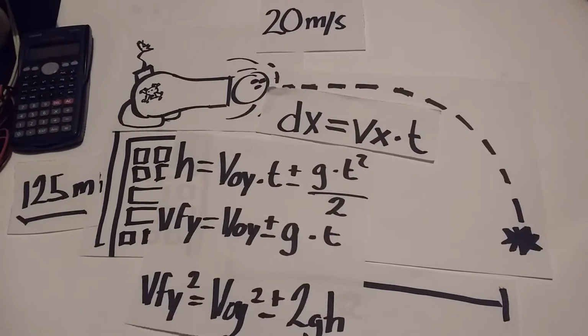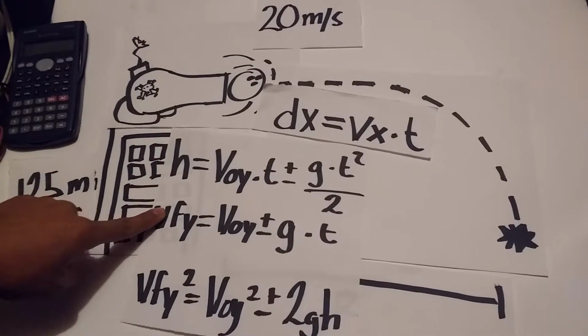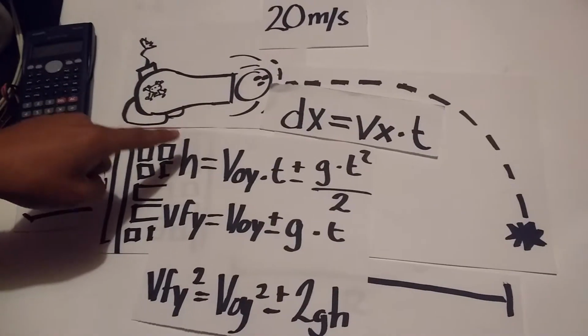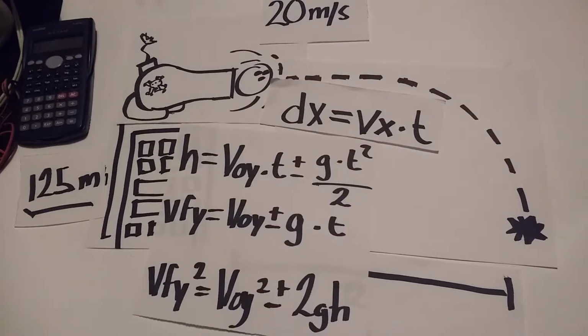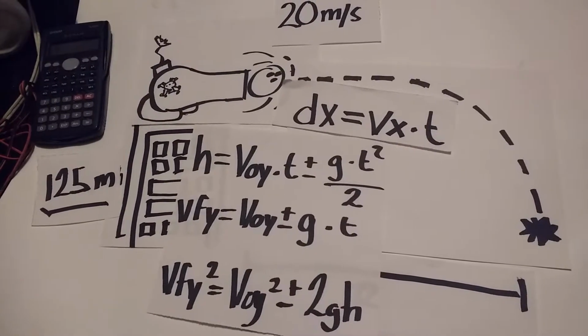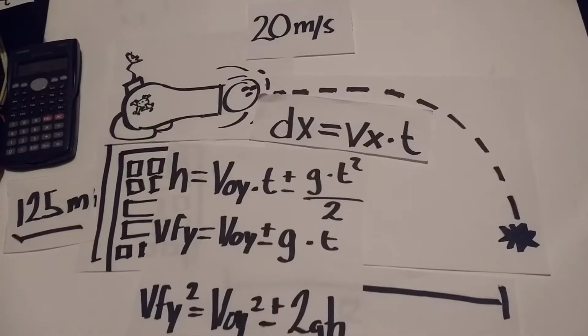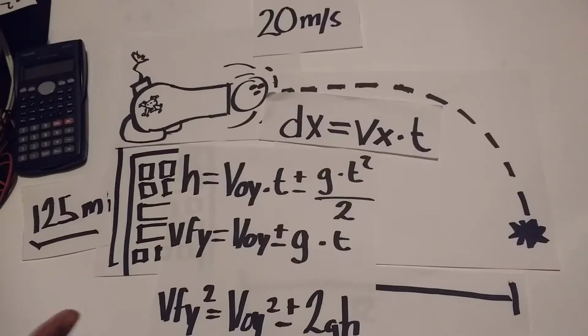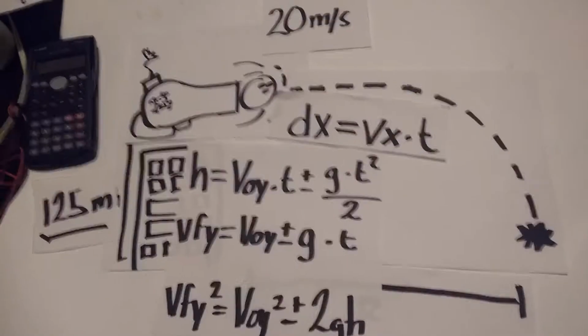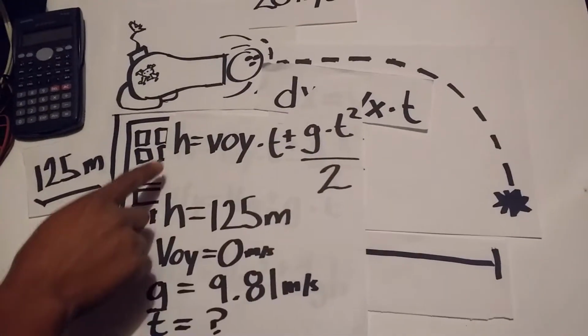If you chose this one, you are not correct. It's this one. And I'm going to tell you why: because you have all the data. So this is the formula.